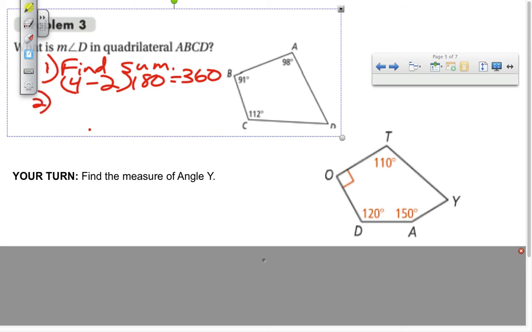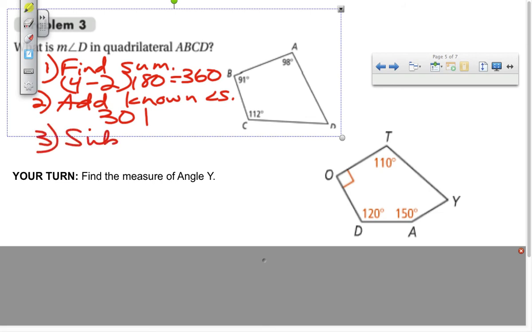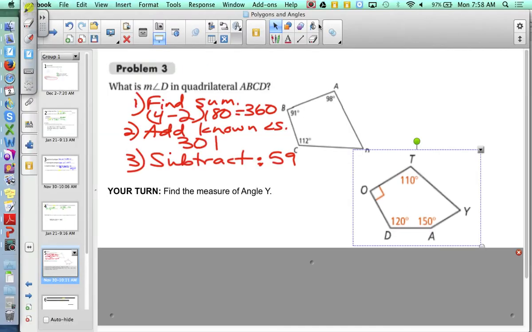You add up the 3 angles. Add the known angles, and then you subtract that from 360. Absolutely. So our 3 angles that we know add up to what? 301. And then step 3 is to subtract. So we get 59. Excellent. Take a moment, please. Work through your turn problem 3.